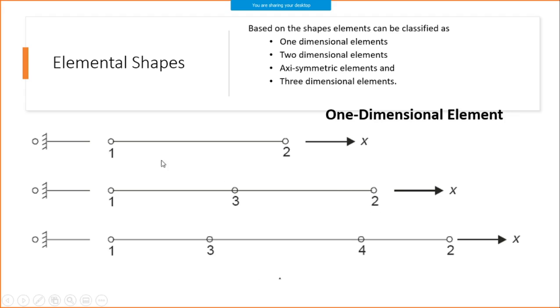So these are the elements we have seen: 2 noded element, 3 noded element, 4 noded element. If I take a two noded element, typically this is a node. Here my displacement is u1, and here my displacement is u2.